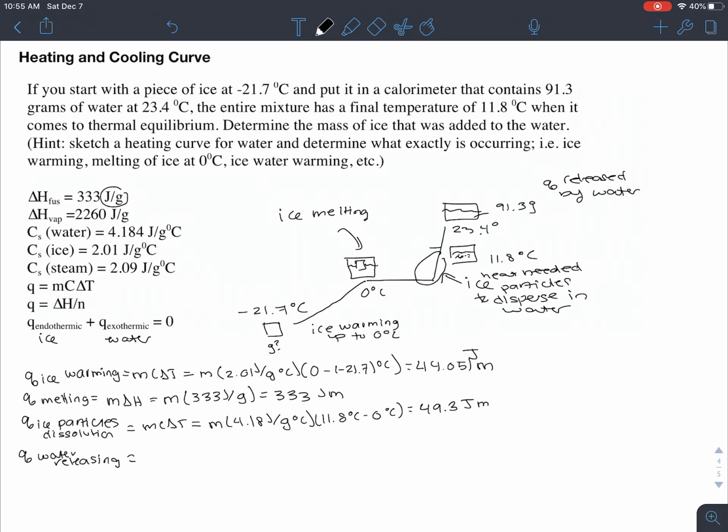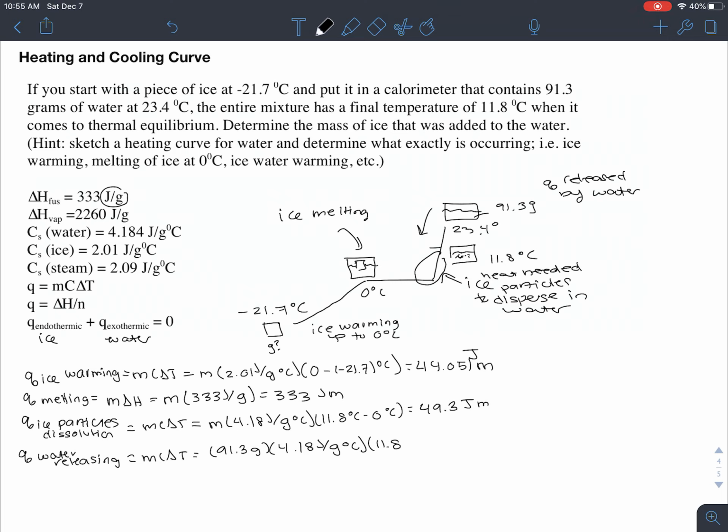So how much energy was released from the water to go from 23.4 degrees Celsius to 11.8? Now you're going down. So that will be the mass of the water, 91.3 grams, times the specific heat of the water, times the change in temperature from 23.4 to 11.8.